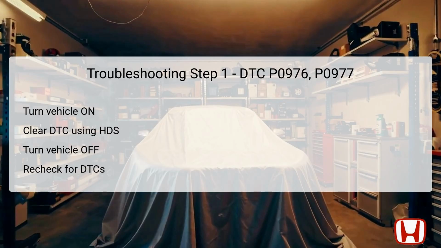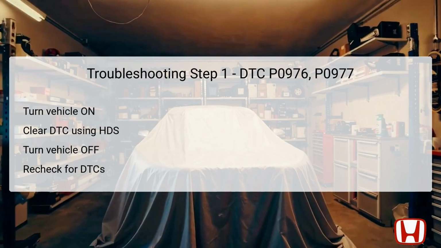The first troubleshooting step involves confirming the presence of DTC P0976 or P0977 by using the Honda Diagnostic System, or HDS. Start by turning the ignition to the on mode without starting the engine. Following this, utilize the HDS to clear any active or pending DTCs from the system.